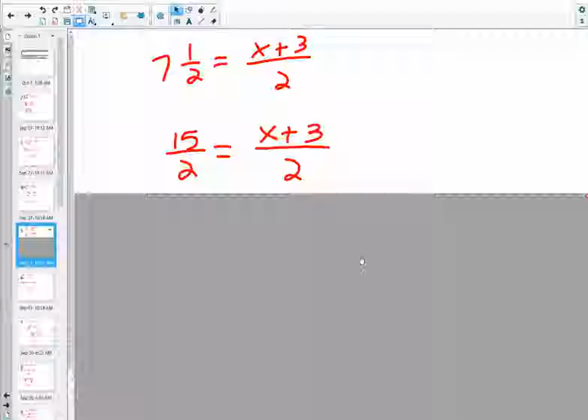I told you yesterday, even though we didn't go in depth into this, I introduced you to a new word that is the name of an equation when you have just one fraction on each side of the equal sign.